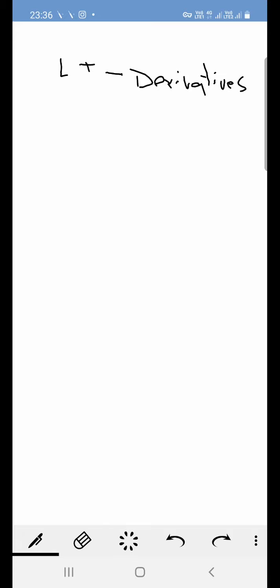That means that we need to find the Laplace transform of df by dx, for example.